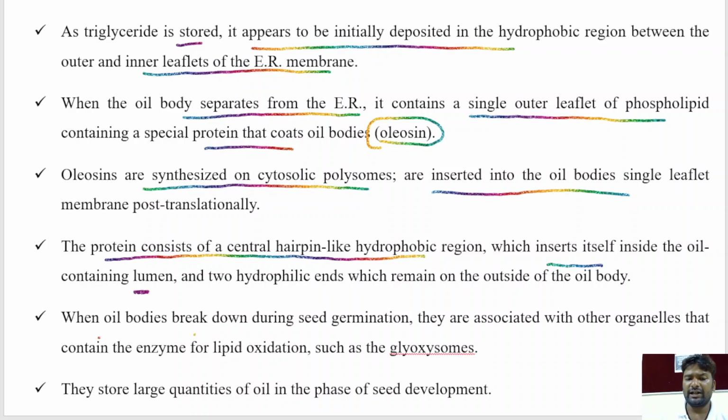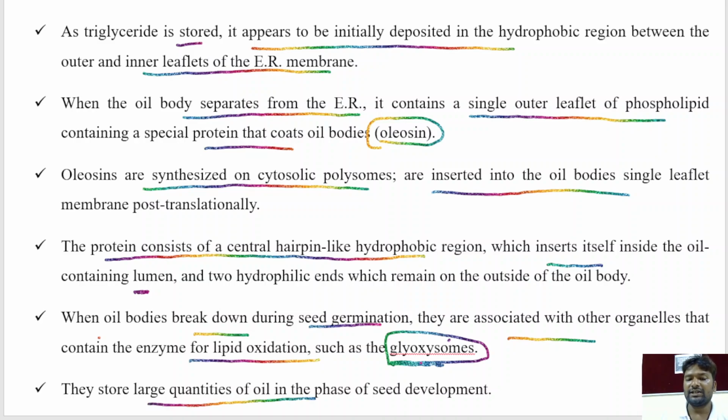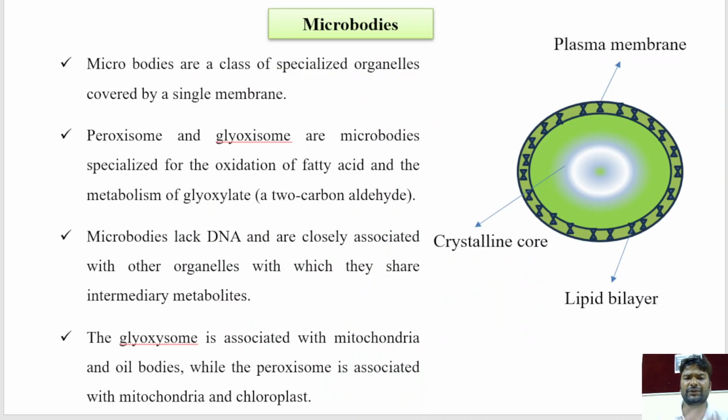When oil bodies break down during seed germination, they are associated with other organelles that contain enzymes for lipid oxidation, such as glyoxysomes. So during germination, these oleosomes are attached to the glyoxysomes, and they store large quantities of oils in the phase of seed development. So mainly this is the oil body, which is synthesized during the seed development process.